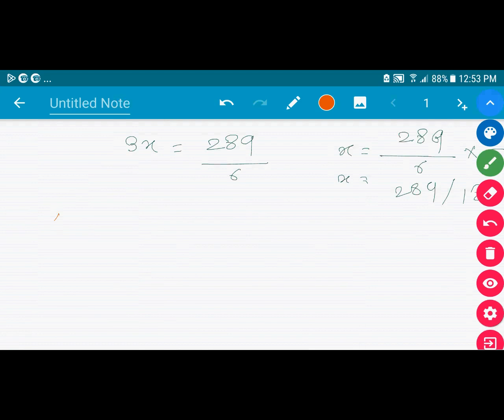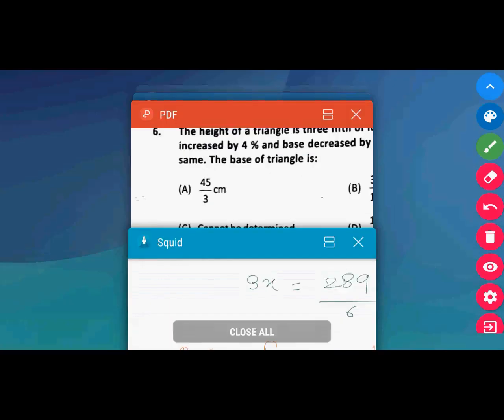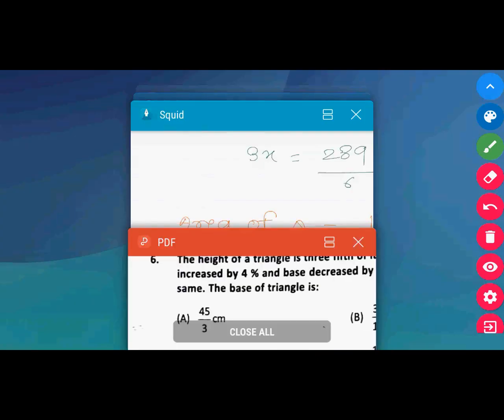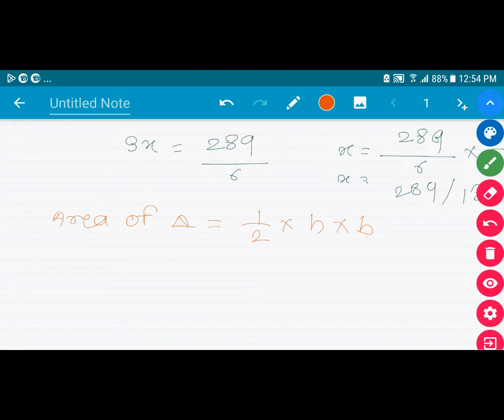The formula for area of triangle is 1/2 height into base. Now what is given? See, the height of the triangle is 3/5 of its corresponding base. 3/5 times, not more, it is 3/5 of the base.